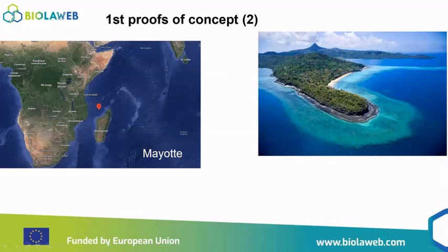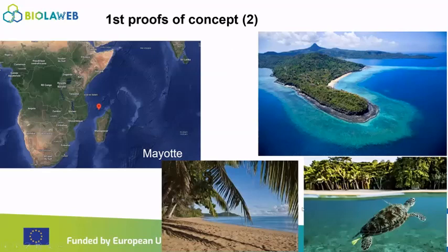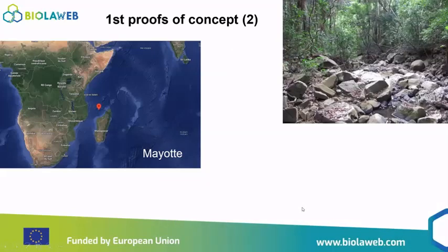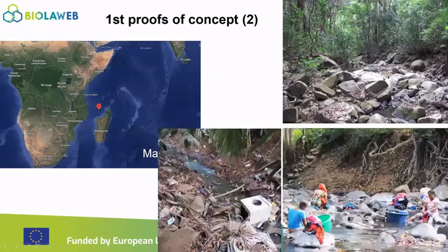It's very nice. Here you can see the caiman bathing near the sea turtles. But we were more interested in rivers. So there are nice rivers on this island when you go in the mountains, but you also have very polluted areas because there is a lot of immigration and, how do you say, bidonvilles?